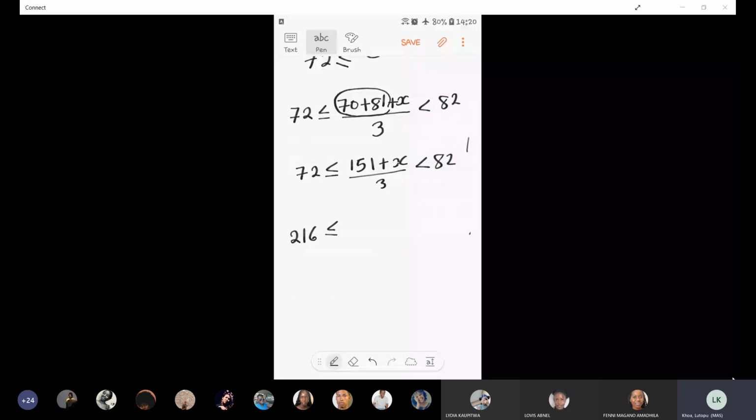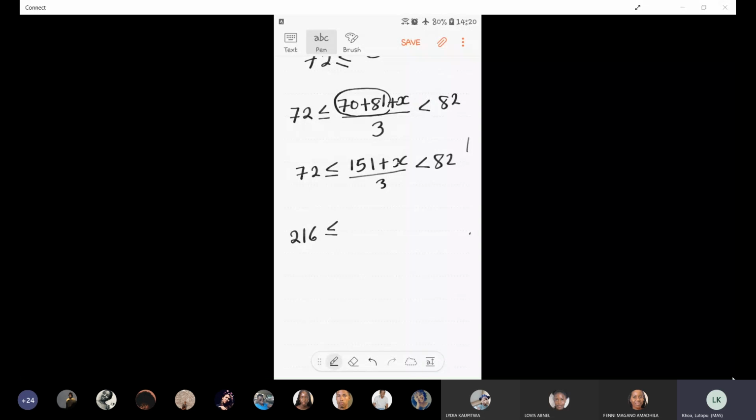And then in the middle, when you multiply it by 3, the denominator will cancel. So if I multiply by 3, it will cancel. Multiplying throughout by 3, I will be left with 151 plus x, and this is less than 246. Then I can subtract 151 from each of the regions.